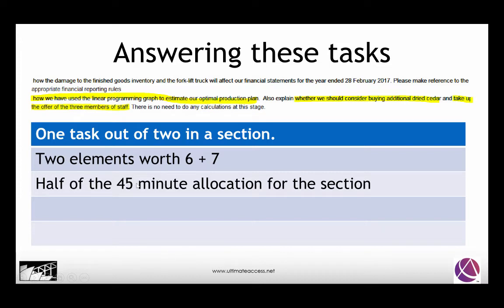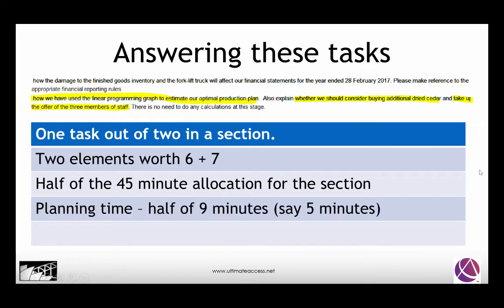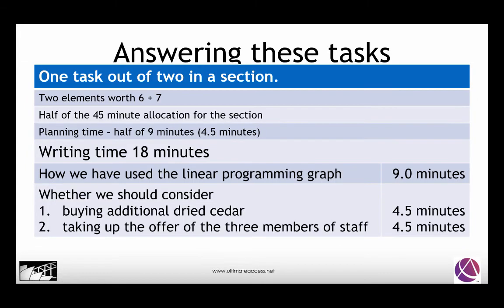And this is half of a 45-minute section, so we would be looking for 22.5 minutes for each, and that would be 4.5 or 5 minutes for planning, and then the remainder of the time for the writing up.